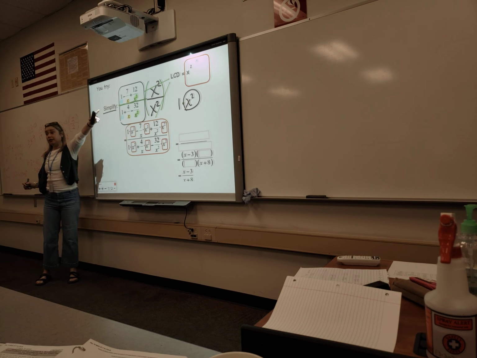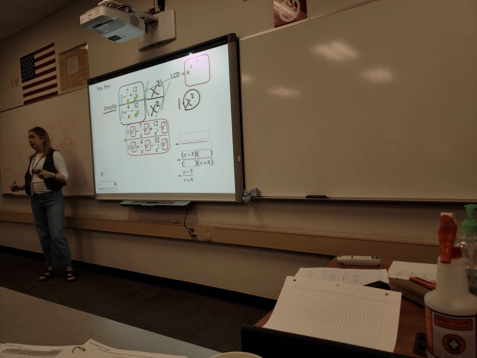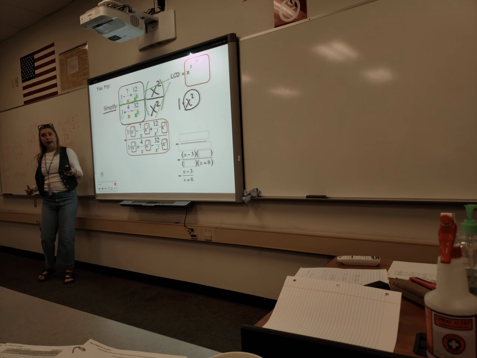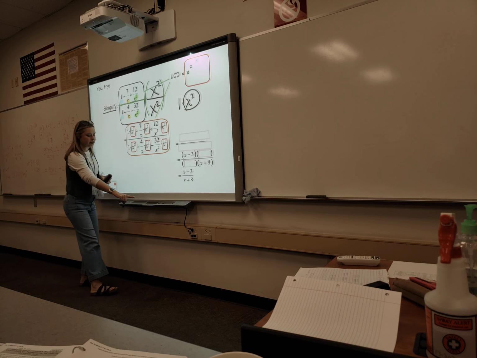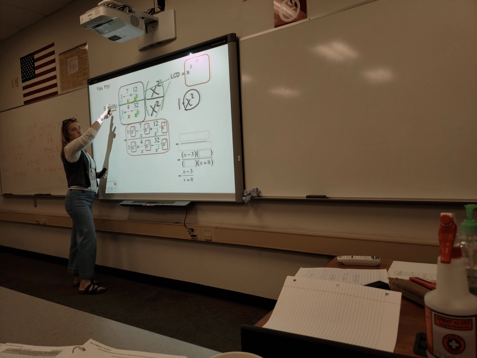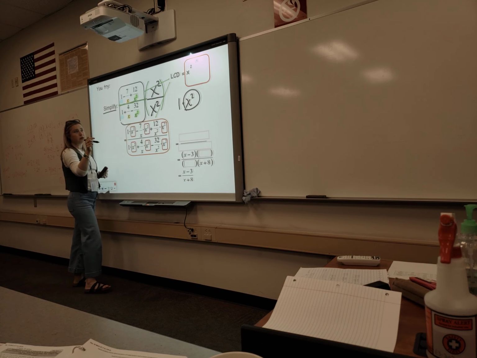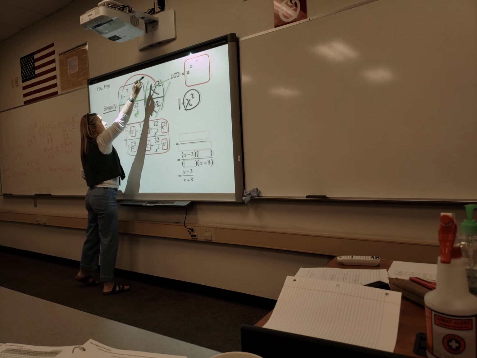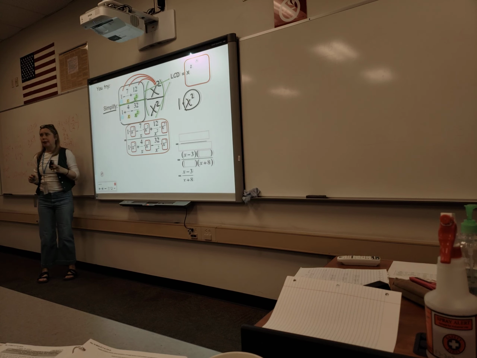Okay, multiply the numerator by x squared, multiply the denominator by x squared. Okay? And so what happens is we take that x squared, we'll just focus on the top for now, and we're going to rainbow it into each one of these terms.